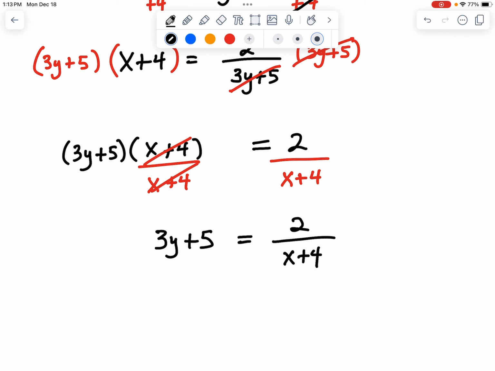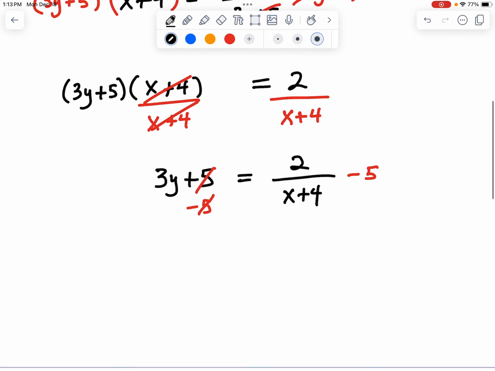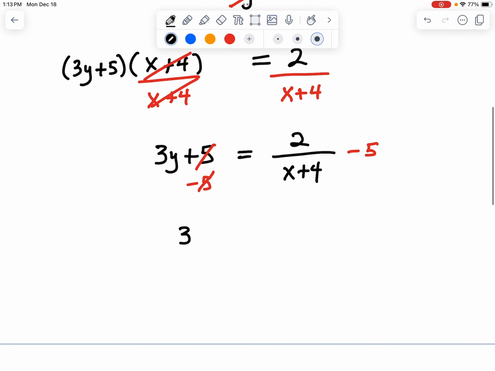And then there's just 2 more steps. One is subtract 5 from both sides. Those are going to cancel. And what's left is 3y equals the fraction 2 divided by x plus 4, and then minus a 5. And on the right side, you don't have to get a common denominator. You can just leave them like that. The last thing to do is divide both sides by 3.